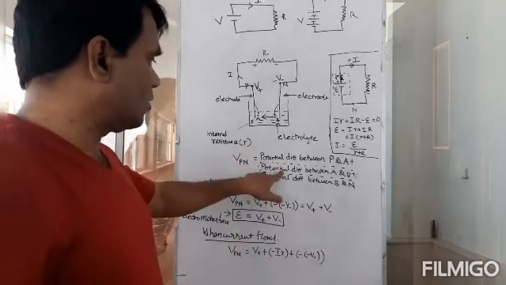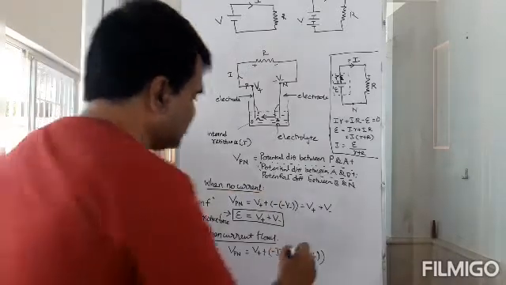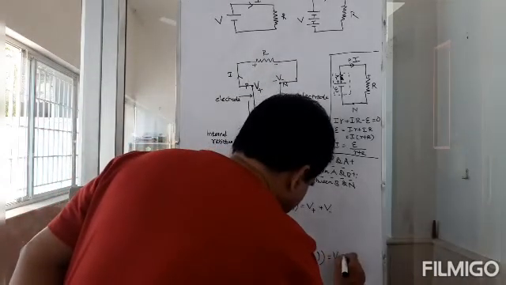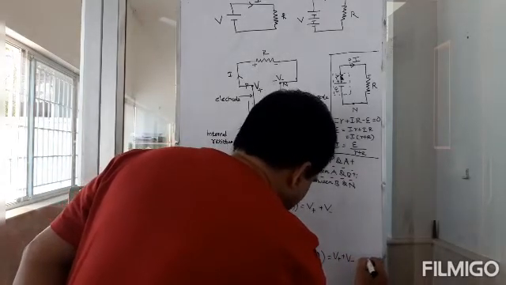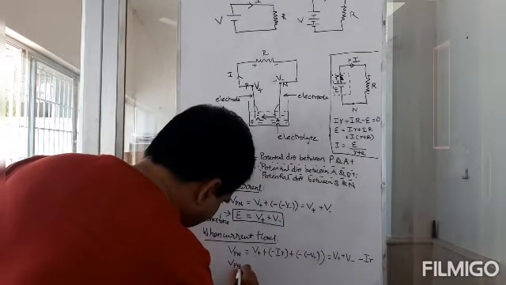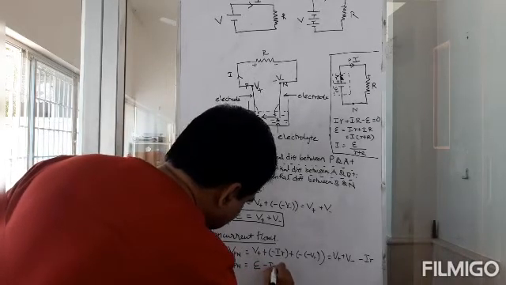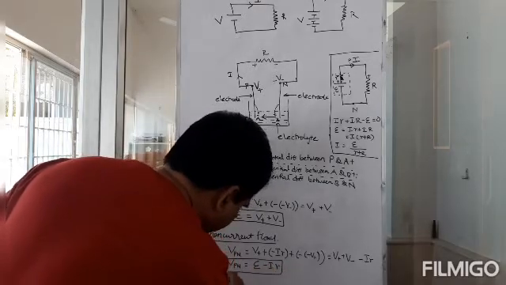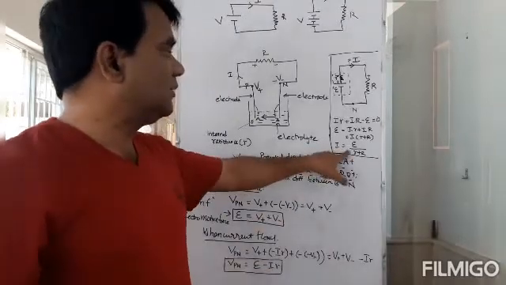You see, it's no longer 0 here. You will get this part. So that gives you V plus minus V minus, then minus Ir. So V_PN is equal to E minus I into r, where I is given by this expression.